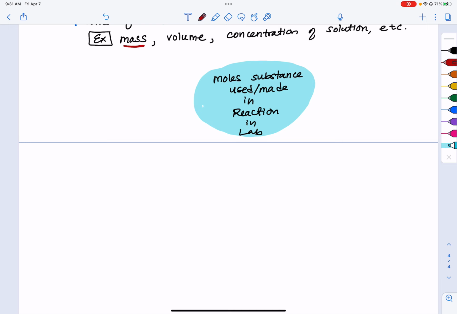Okay, so let's look at mass. If I have the mass of a substance in grams, and I want to get to the moles of my substance, then I need to divide by my molar mass of whatever my substance is.